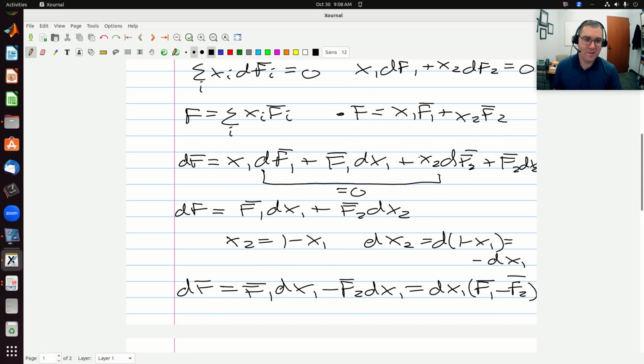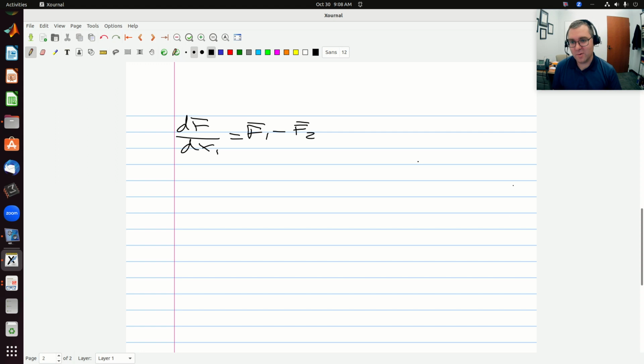So, returning back, we have f is equal to x1 f-bar 1 plus x2 f-bar 2. Now I'm going to do a similar replacement in terms of x2, where x2 is equal to 1 minus x1.